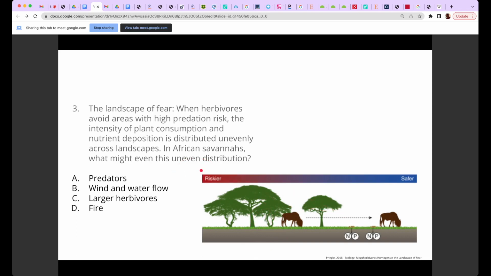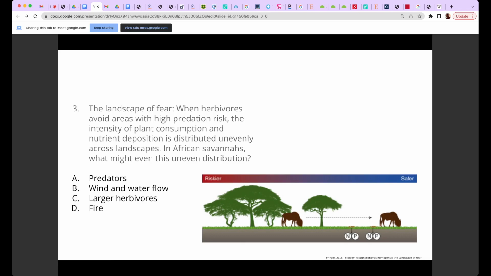So how does this distribution get evened out? There's an uneven distribution of the raw materials coming from the defecation, the raw materials that are required for the plants to expand their biomass. So how does this uneven distribution get evened out? The options were predators. Either the predators even them out, but you can't think of a reason why.